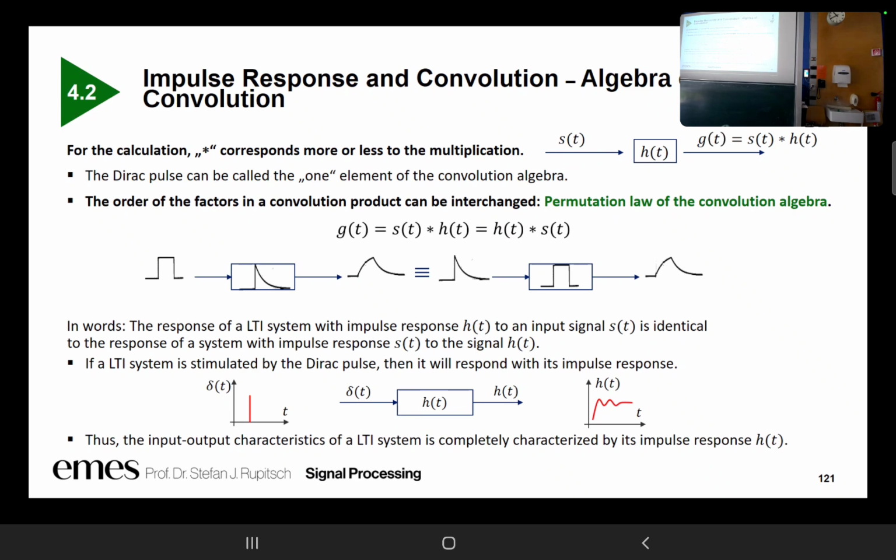Because of this commutative law, which is valid for the convolution integral, like for multiplication, a times b is the same as b times a. It also holds for the convolution. And let us discuss this once more. We have as an input our Dirac pulse, and the output will be h from t, the impulse response of the system.